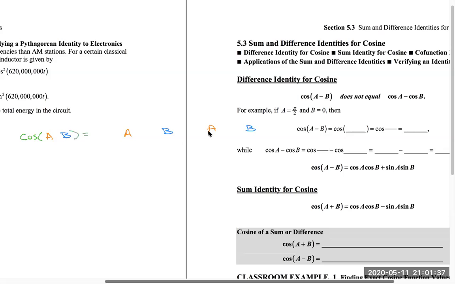Now, essentially, the first part of the song, we'll get to that in a moment, but what I'm going to want you to remember is cosine, cosine, sine, sine. And then we're going to put our actual sign between the positive or negative value. So sum, difference. For cosine, right in the middle here, you're going to put the opposite.